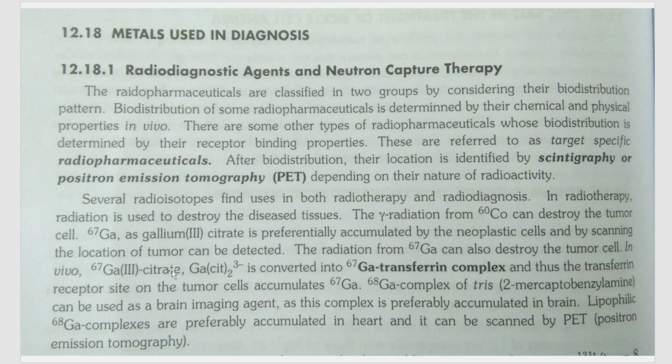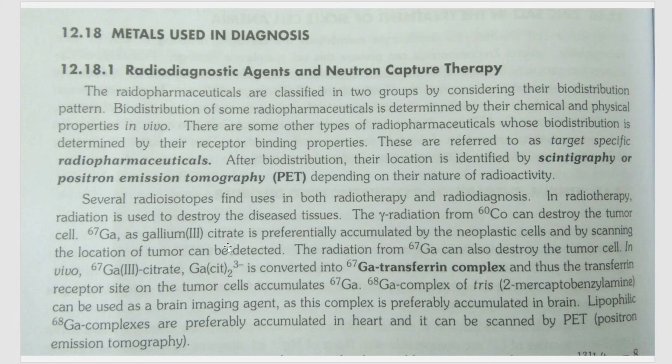It is sent into the body of the patient having a tumor, and in the body it is converted into a gallium transferrin complex. The transferrin receptor sites try to accumulate the gallium-67 in the tumor cells. So in the tumor cells, there is accumulation of gallium-67.